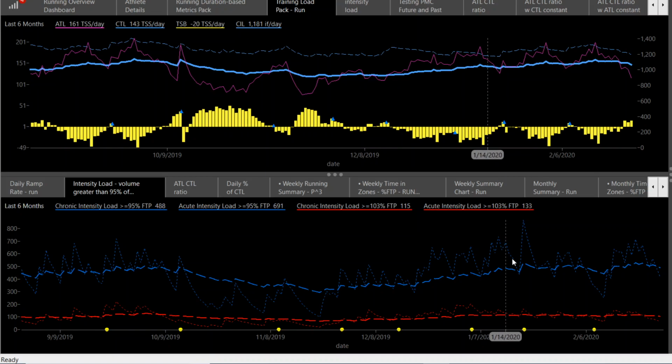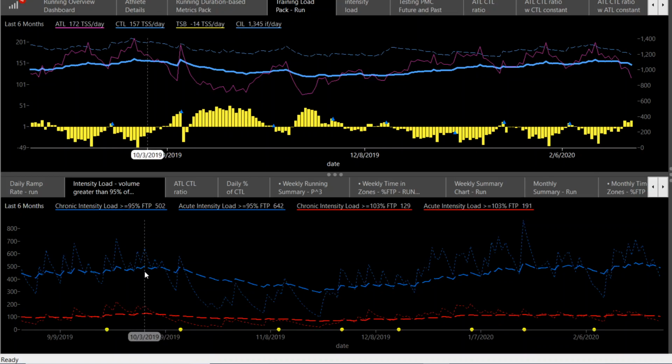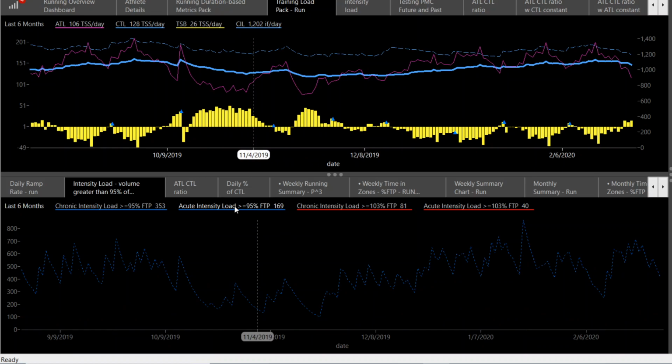So those particular volumes at that particular intensity, daily volume, get folded into the model, the exponentially weighted rolling average, with a 6-week time constant for chronic intensity load, or a 7-day, 1-week time constant for acute intensity load.